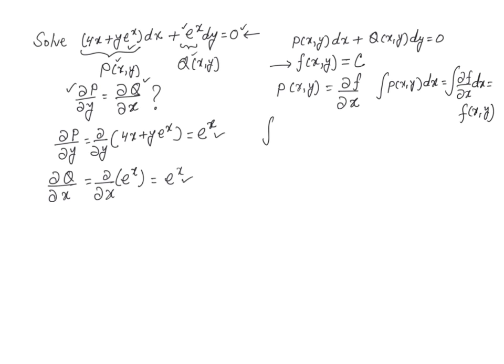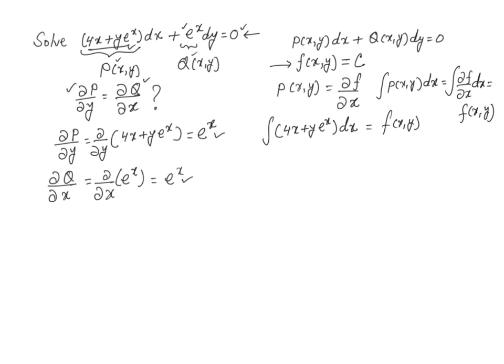However, we have the P of x, y, which is this 4x plus y e to the power x, dx. That must be equal to your f of x comma y.